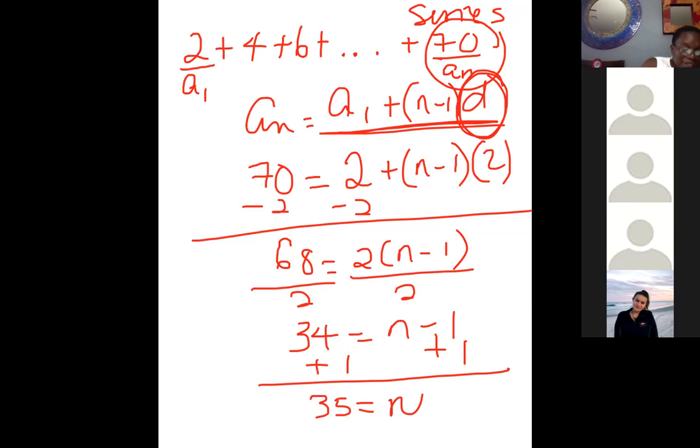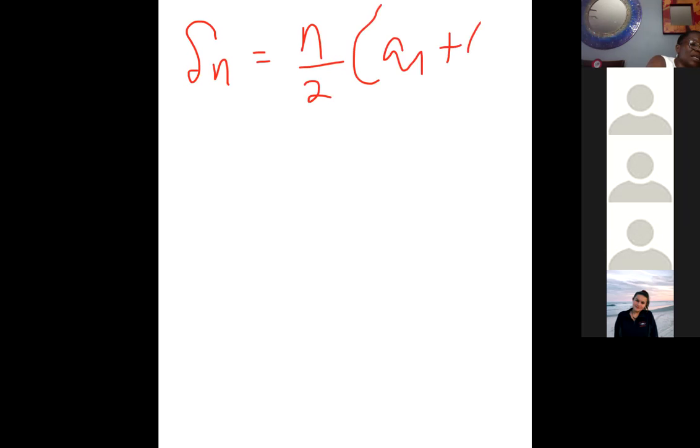So now we're just going to go back and plug in the formula, okay? So in the formula, S sub n, actually, that's supposed to be an n right there. S sub n is equal to n over 2 times a1 plus a_n. We just figured out that we're looking for the sum of the first 35 terms. We just found n, so that's going to be 35 divided by 2.